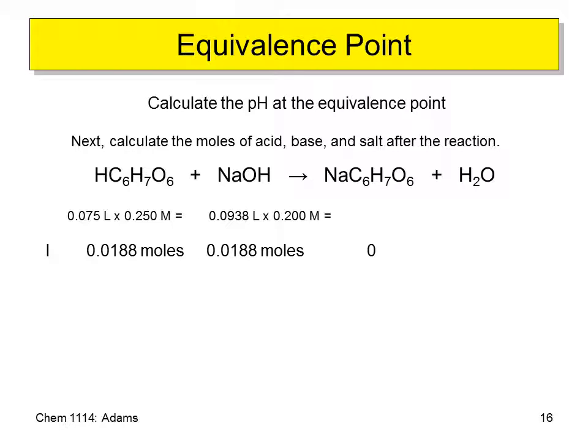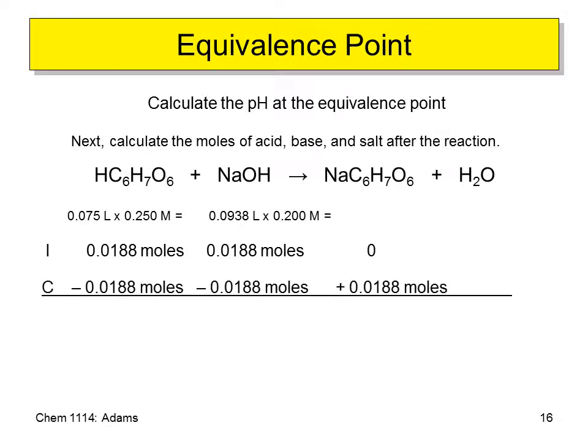Again, moles is volume times molarity, and hopefully, not surprisingly, you will see that they are equal. That is all that can react, 0.0188, and again, all that can be formed of the salt. And this is exactly what we are expecting. We don't have any acid, we don't have any base, and at the equivalence point, we only have salt.